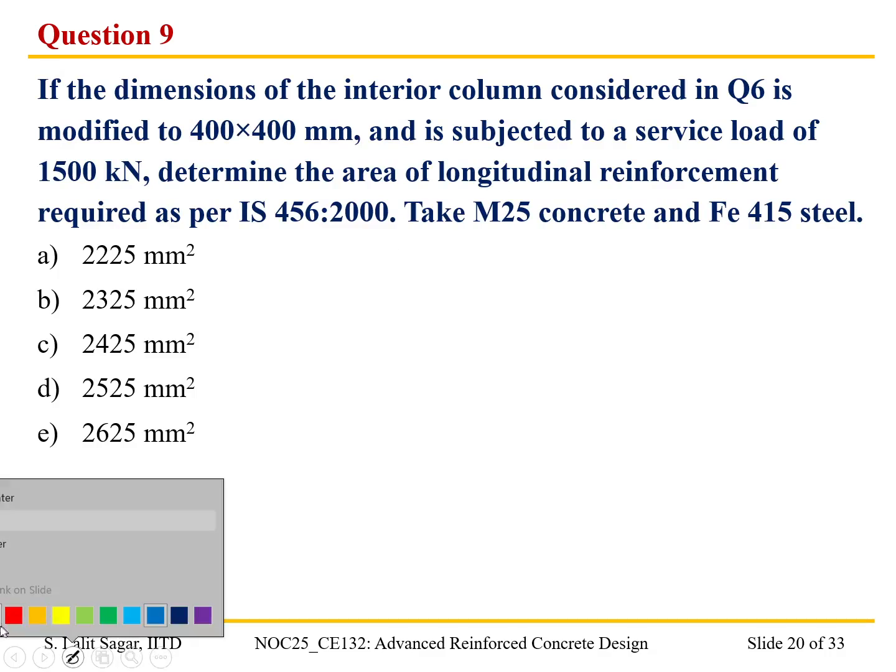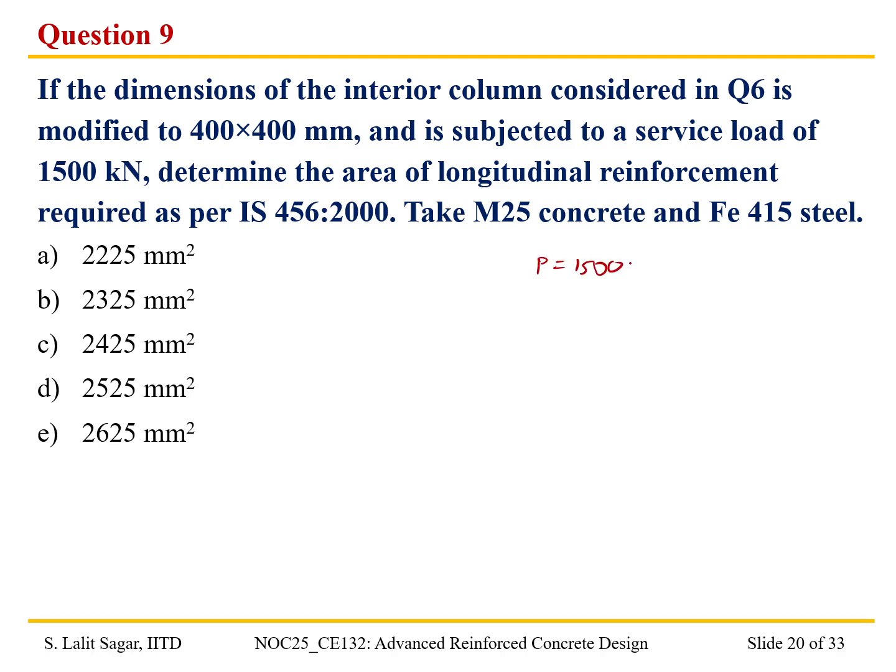P is 1500 kilonewton, so Pu is equal to 1500 into 1.5, that is 2250 kilonewton.